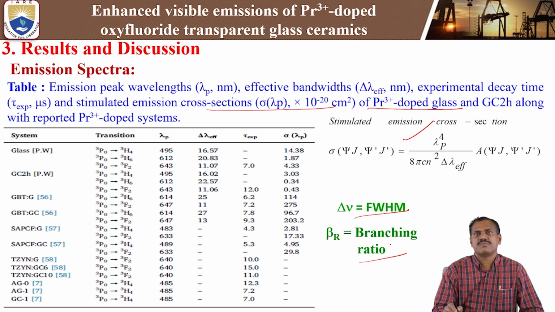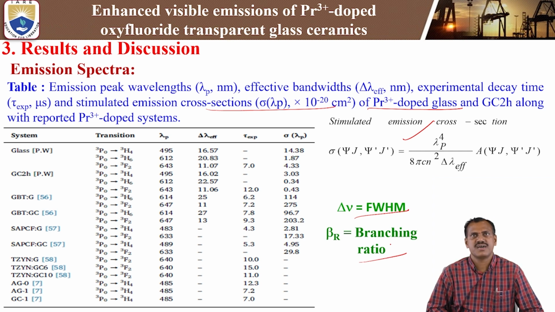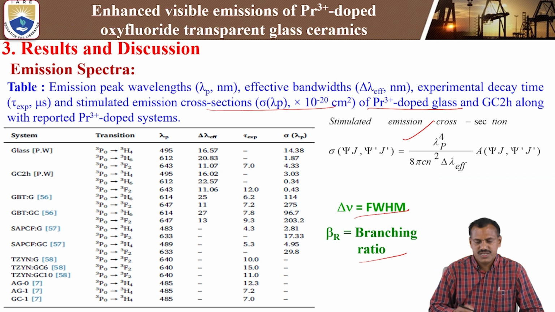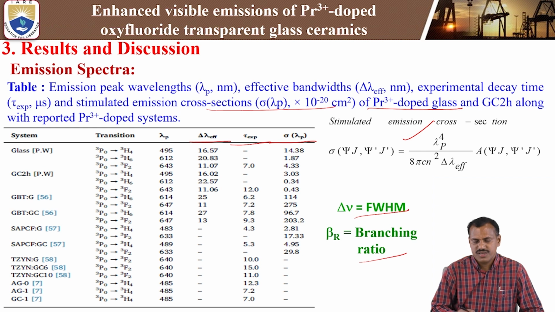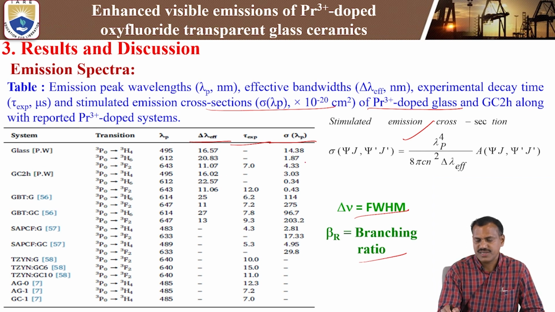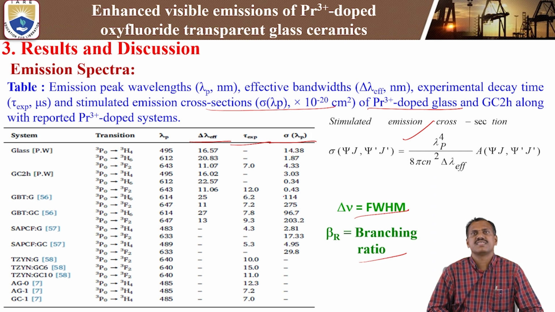For the branching ratio we measure the area under each and every emission peak. So we calculate the delta effective value, tau experimental and stimulated emission cross section value. In glass and glass ceramics, the emission cross section value slightly increases from glass to glass ceramics, mainly due to the enhancement in the praseodymium 3+ doped transparent glass ceramics.